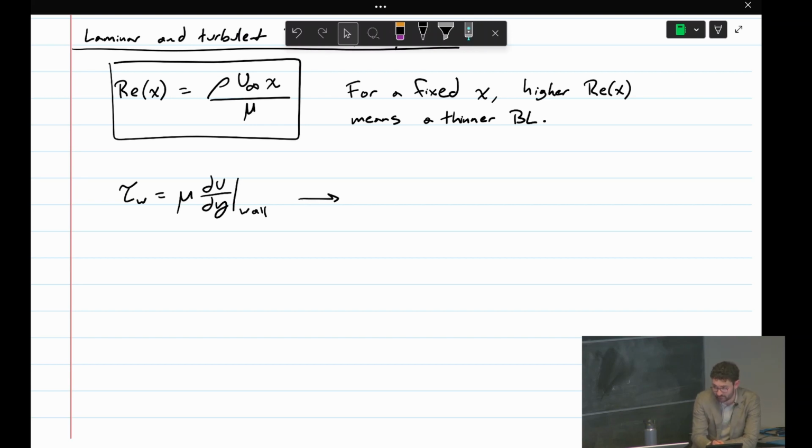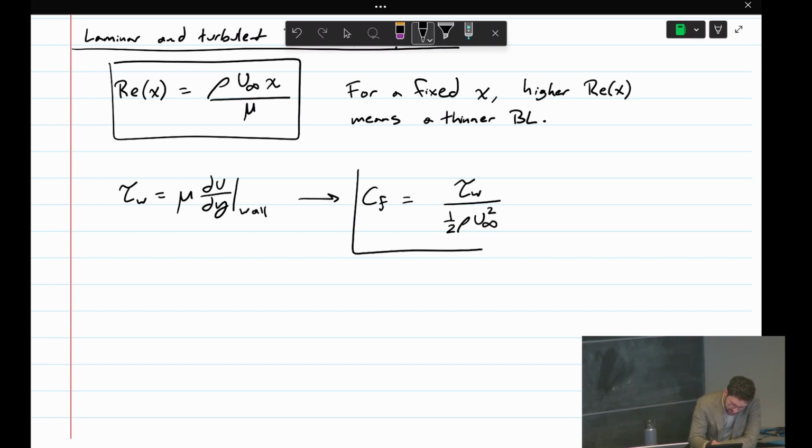We're going to see in the next module of the course that we sometimes like to work in terms of non-dimensional numbers. So we're going to define a skin friction coefficient. Cf is that tau wall, and we non-dimensionalize this by 1/2 rho u infinity squared. 1/2 is just a convention.